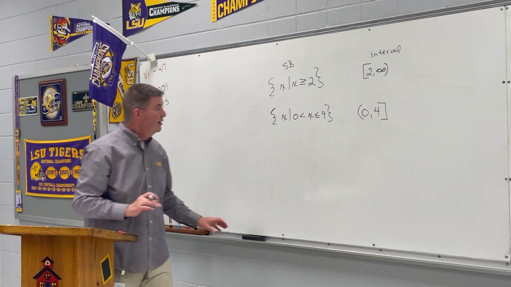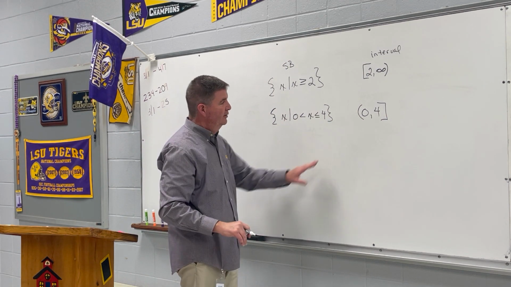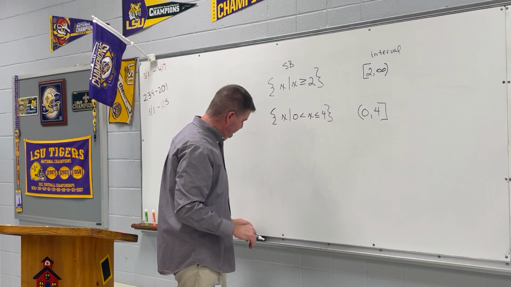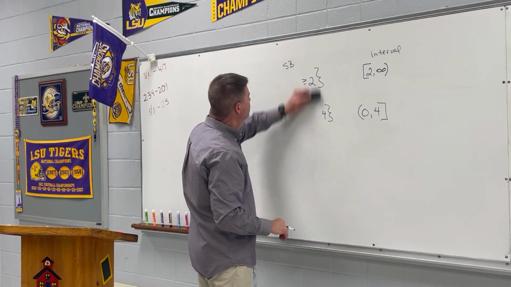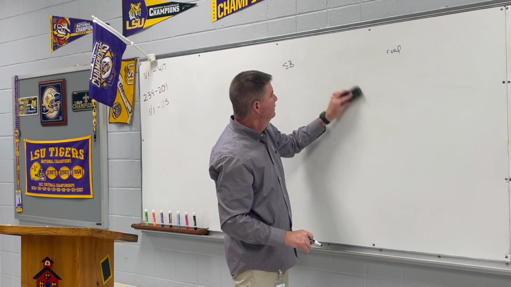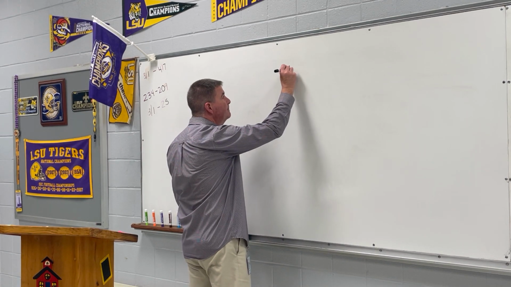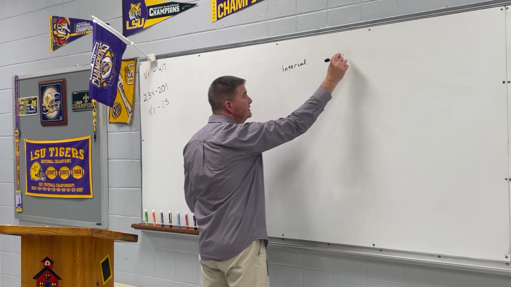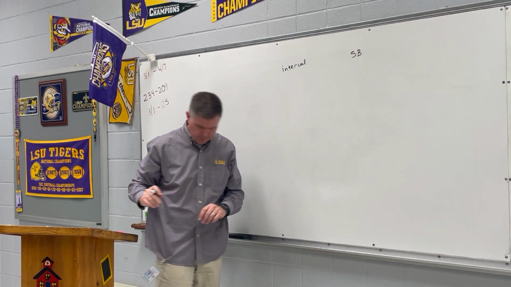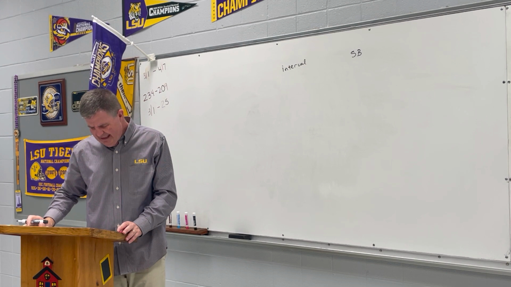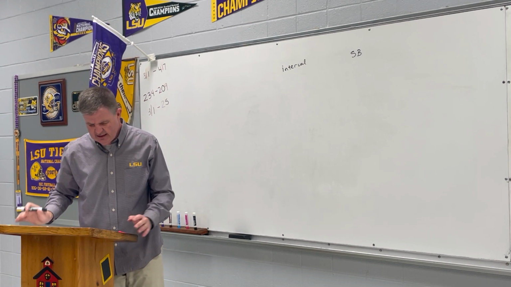Okay, we now are going to go the opposite way. We're going to take it from interval notation and rewrite it using set builder notation. So for this one here, we're going to start out with negative infinity, comma 0.